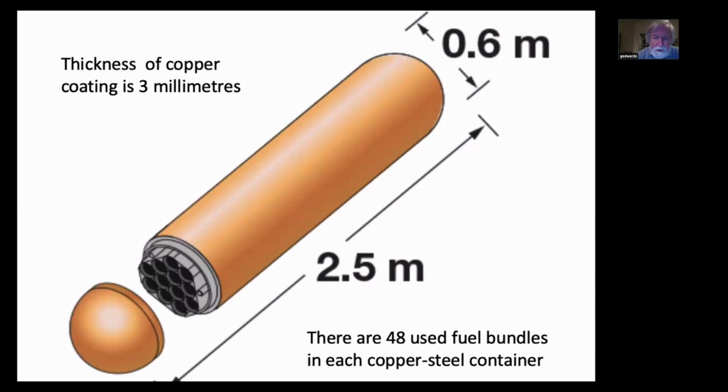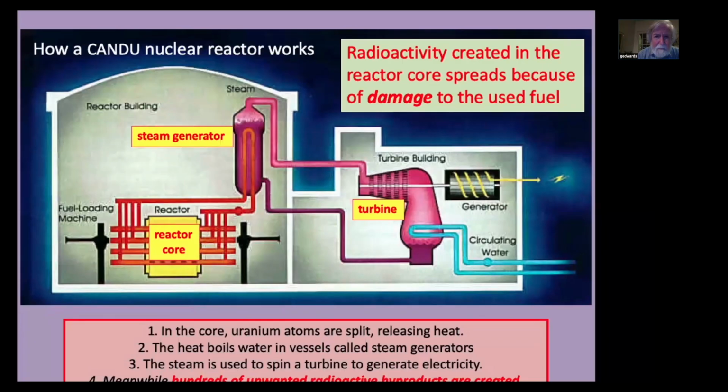These fuel bundles are not exactly the same geometry when they come out of the reactor as when they go into the reactor. The rods have bent, and so you have bowing, and the danger is that as you try and put them into a tight space like this, you can damage them, and fuel damage is a real problem.